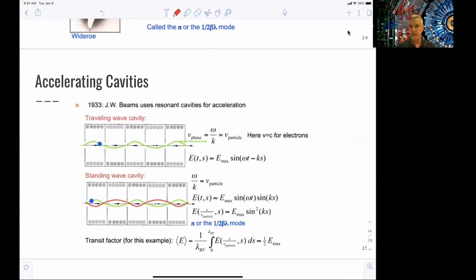Nowadays we use cavities, and we use superconducting cavities in order to make them energy efficient and in order to have large gradients. The general idea is, again, that you place your particle in here and you place it such in your phase, in your varying electromagnetic fields, that it always gets a kick instead of being on the other side and being deaccelerated.